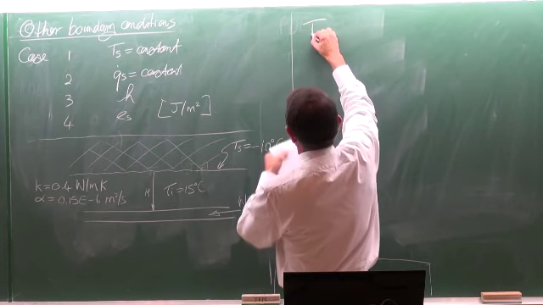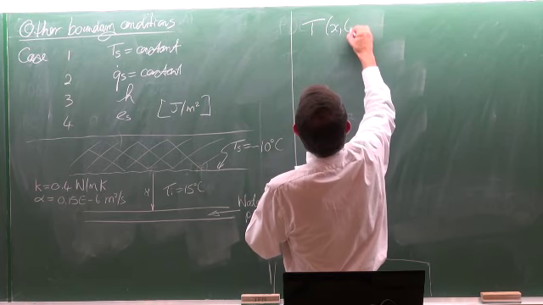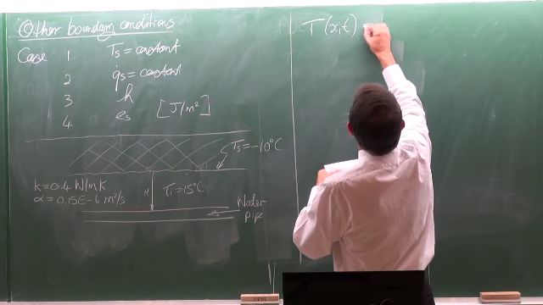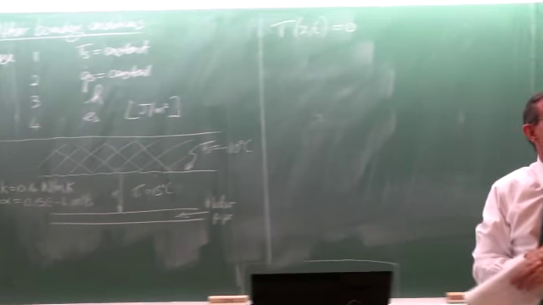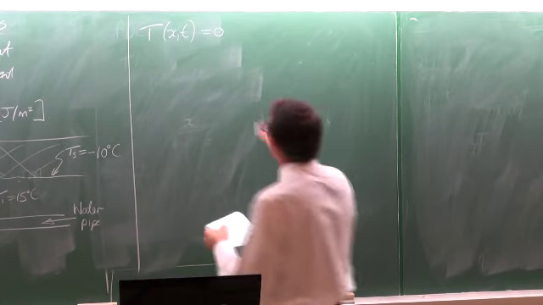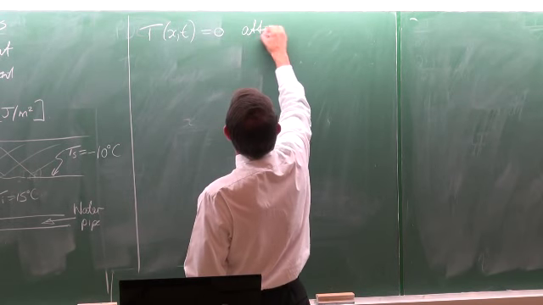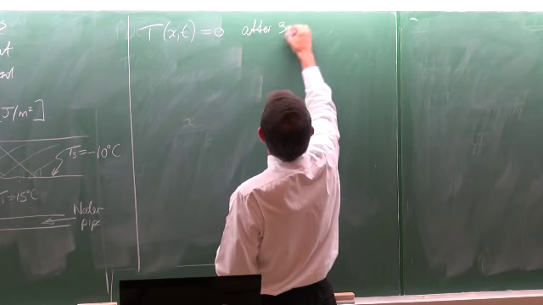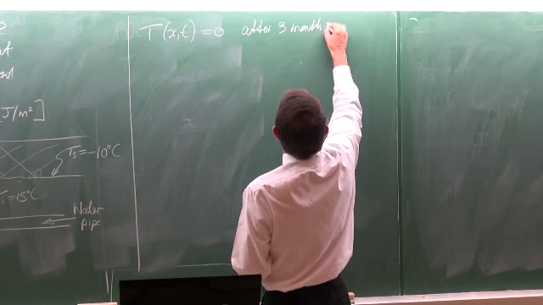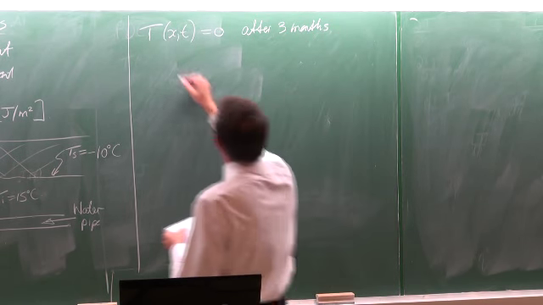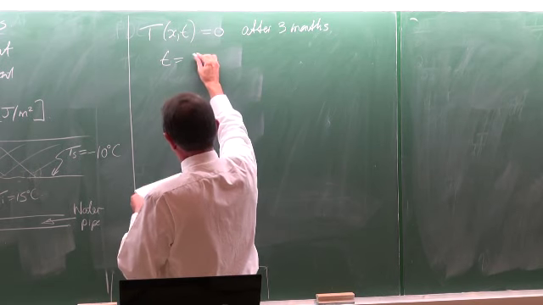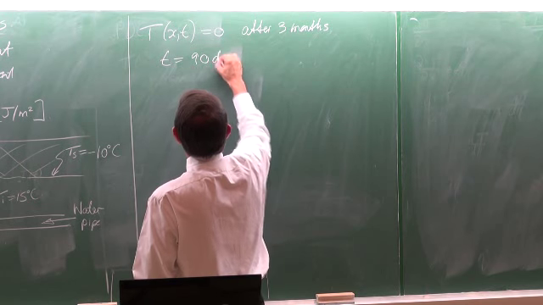So we would like to know the temperature when that is going to be 0 after 3 months. Okay. 3 months would be, let's use 90 days.